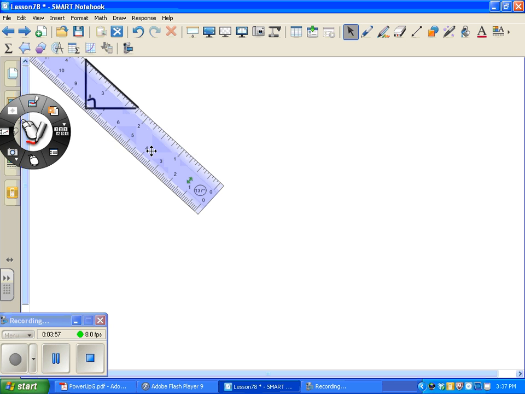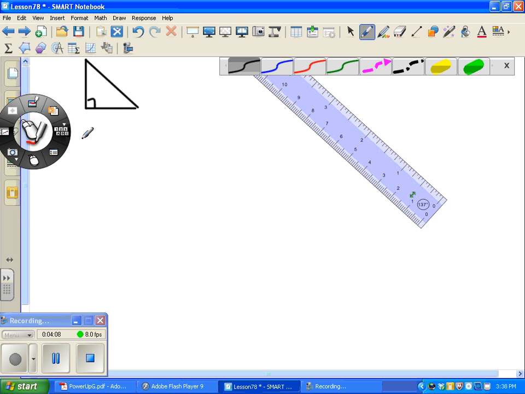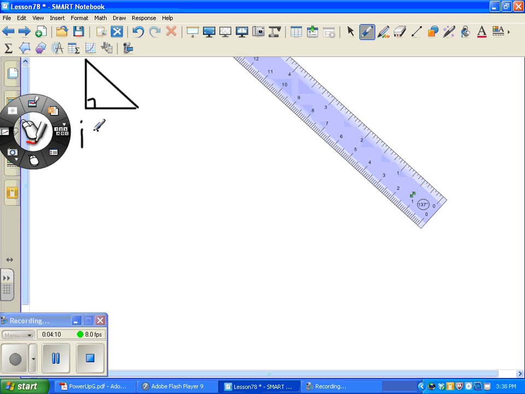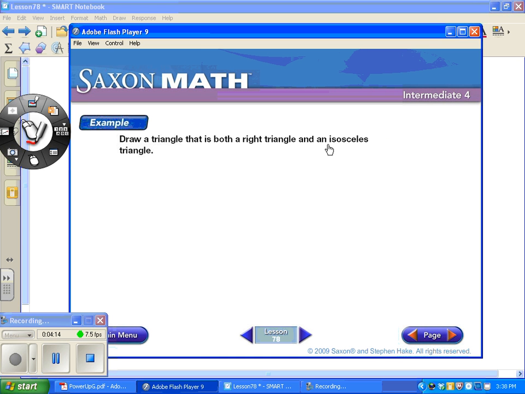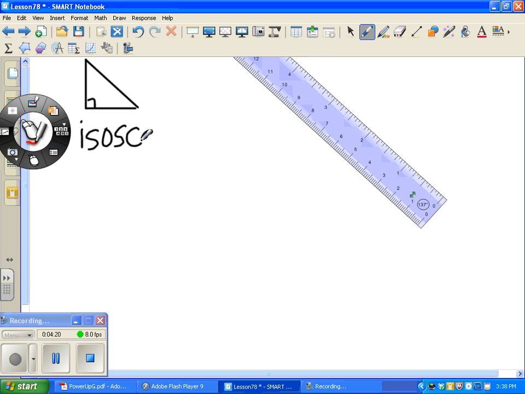Need to make sure I'm still on inches. And when we measure this, you can see that it is greater than 1 inch, okay? So two sides are the same, isosceles. And I'm going to double check. I think it's ISOSC. Two sides equal.